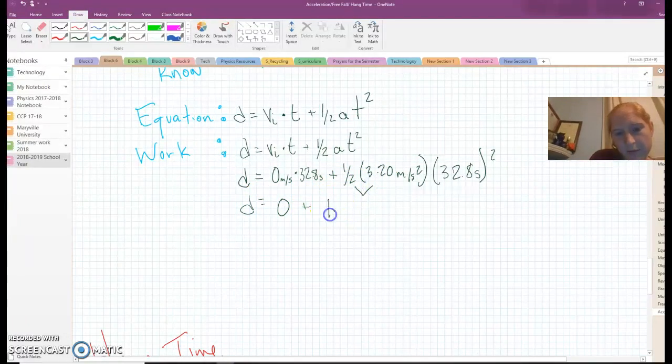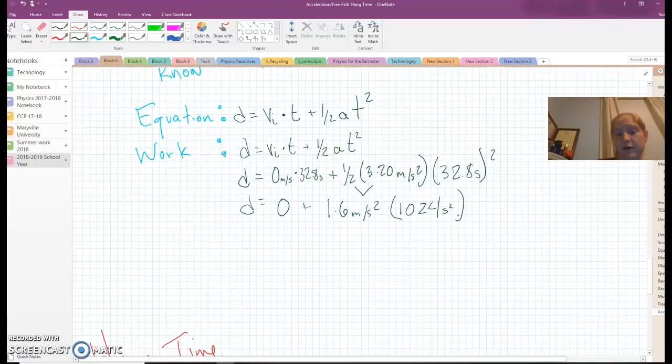Equals 0 plus this would become 1.6 meters per second squared times, I think I calculated, 1024 seconds squared. Okay, bring all your units, carry them through.